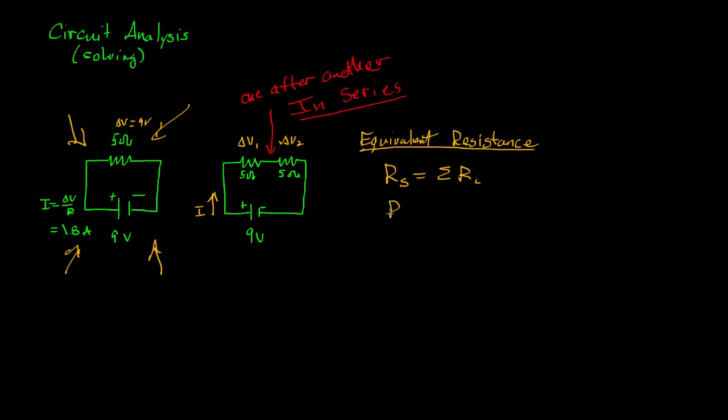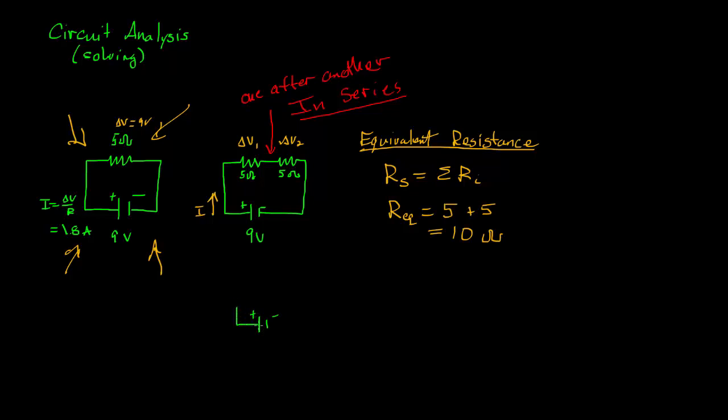So in this case, my equivalent resistance, I'm going to put EQ, is equal to 5 ohms plus 5 ohms. So we get a 10 ohm resistor. What I can do is redraw it, and this is key. You're not going to want to do this, but trust me.